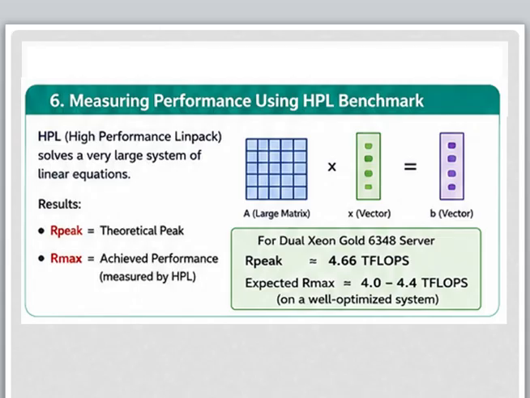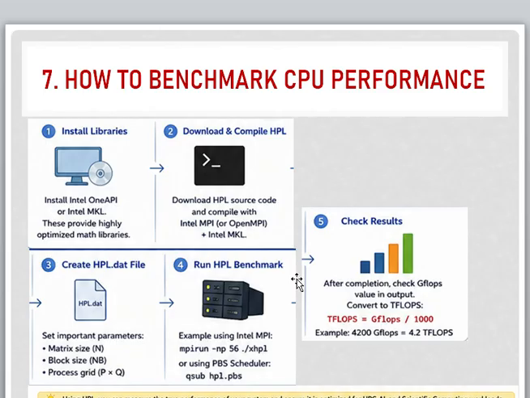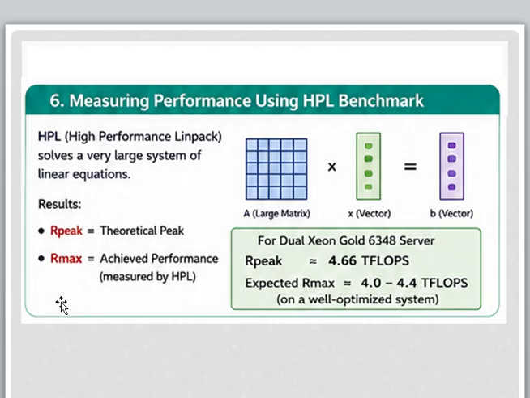R peak is the theoretical maximum CPU performance. We can see here we got an R peak of approximately 4.66 teraflop. A good HPL run should achieve between 4 and 4.44 teraflop depending on your system tuning. And R max is the achieved performance measured by HPL.